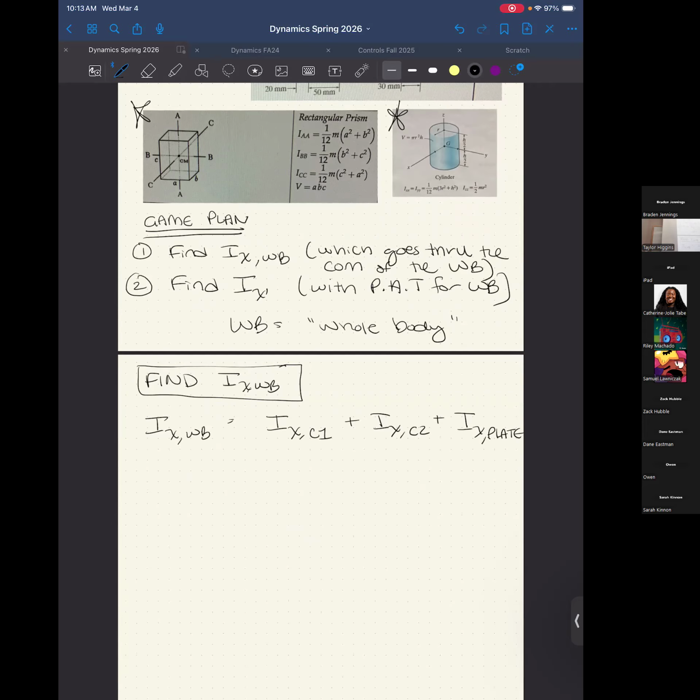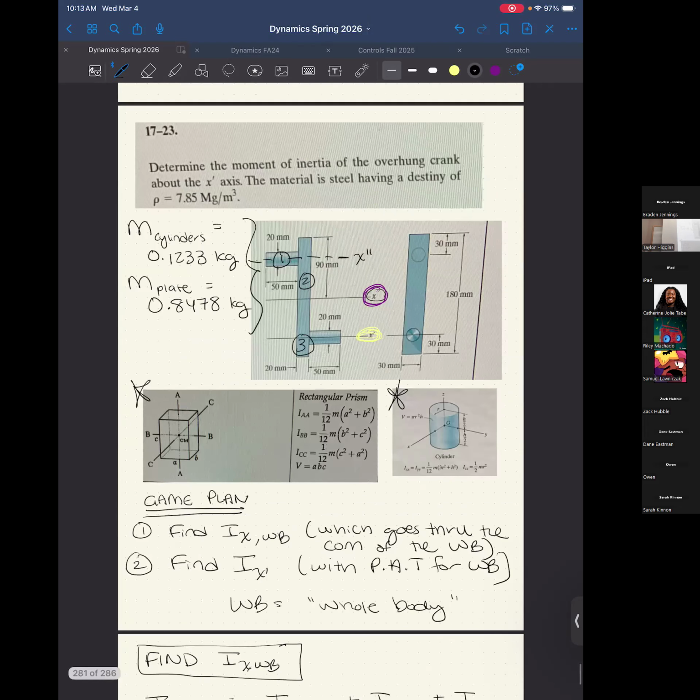Okay, so take it as an indicator that maybe you need to study how to figure out this game plan. Just scroll up one more time. Yep, no problem. Is parallel axis theorem on the equation sheet? I'm not sure. To be honest, it probably shouldn't be. That one's so easy to memorize.